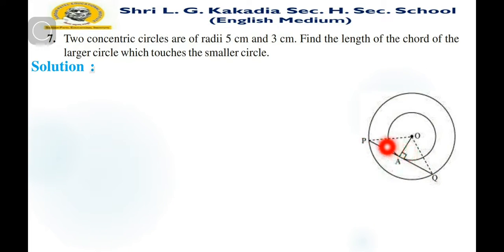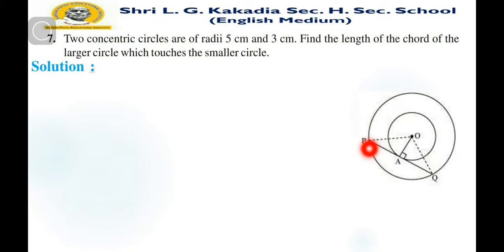Given this chord which touches this circle, we know that here PQ is the chord and OA is perpendicular to this PQ because it is tangent to this circle. PQ is tangent to this circle, so it is perpendicular to OA by theorem number 10.1.